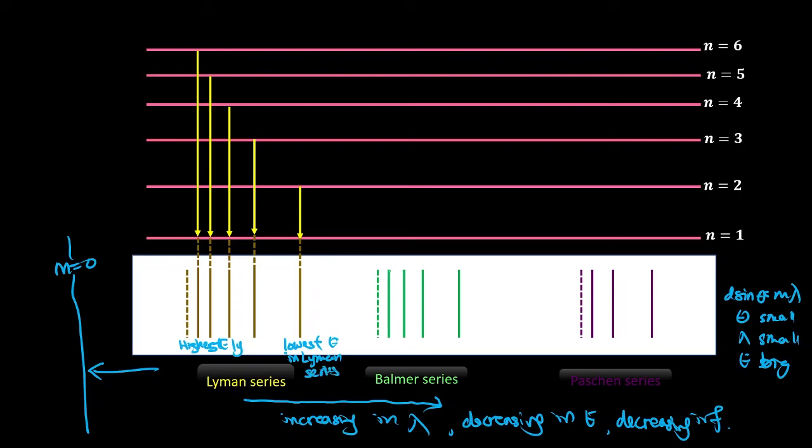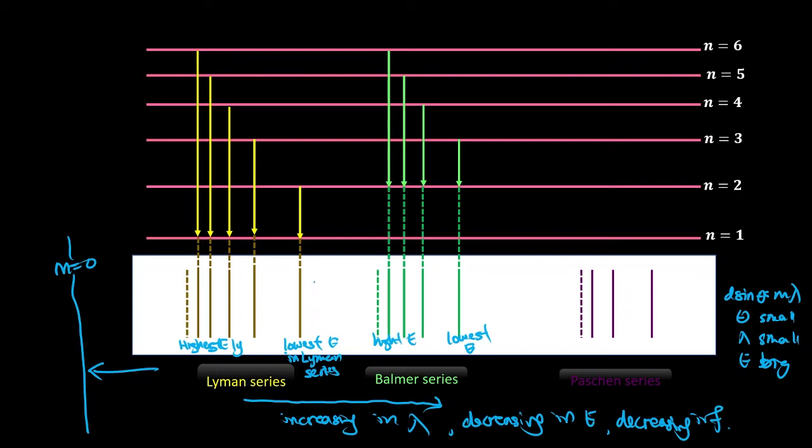For the Balmer series, the first line is the highest energy in the Balmer series, and the lowest energy of the Balmer series is on the last part of the Balmer spectrum here. Of course, the highest energy in the Balmer series is lower than the lowest energy in the Lyman series.